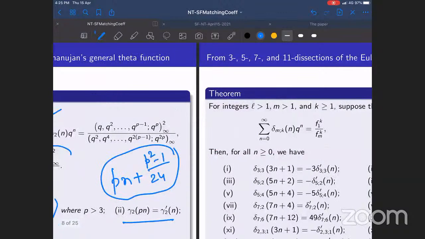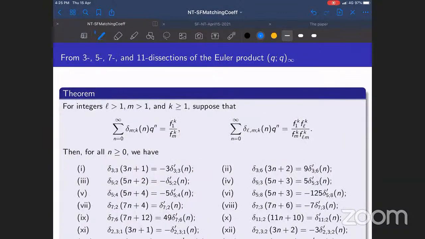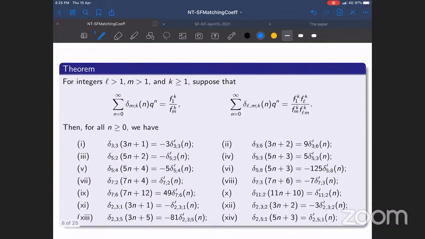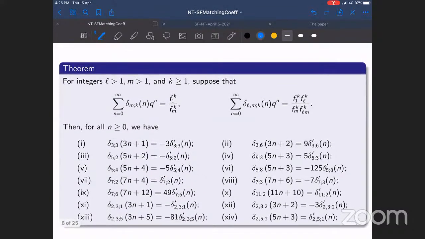If we choose p equal to 3, 5, 7, 11, these dissections of the Euler product, q sub infinity. So these are those special results. For example, if I take 3, 3, delta of m k n we denote by f1 power k and fm power k. So if it is 3, 3, we have F1 power 3 by F3 power 3.